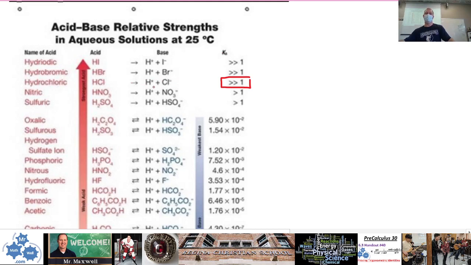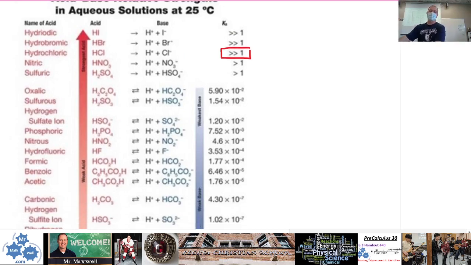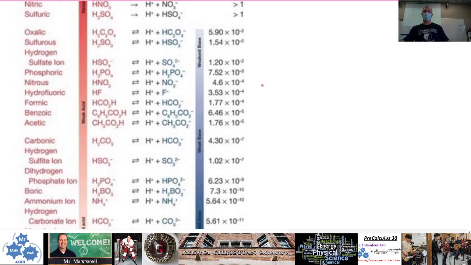So the concentrations are very, very high. Strong acids. Once we start getting down into these values of Ka, like down here, let's say benzoic acid here, this breaks up only slightly. And just like Ksp, you can use this number to determine what the concentration of these ions are in solution.